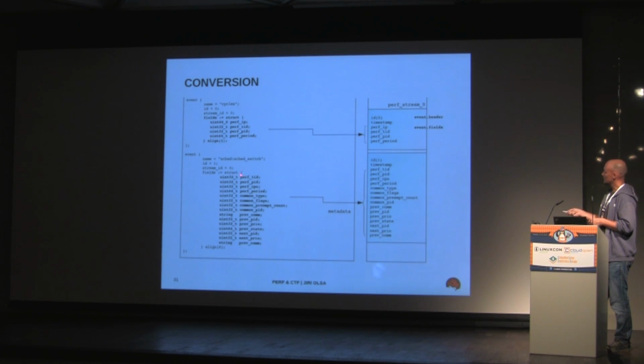If you store a trace point, we actually parse the trace point data and store it as separate fields. So this is the layout of the sched_switch trace point that you will get in the CTF after the conversion.